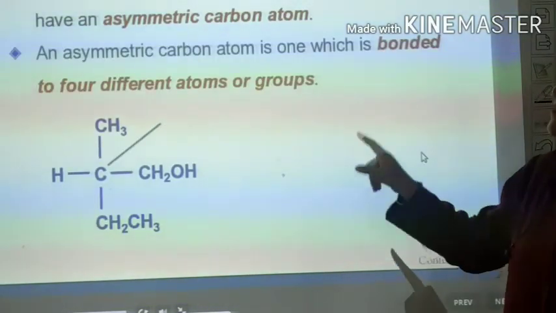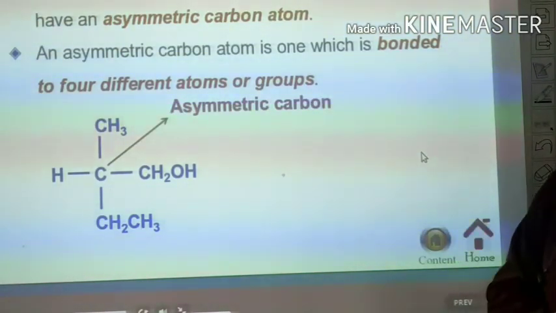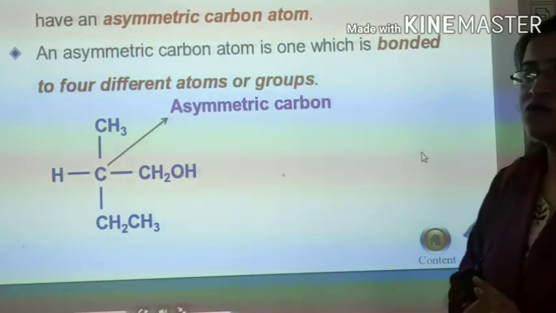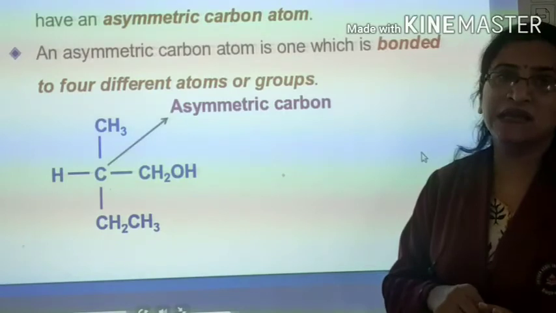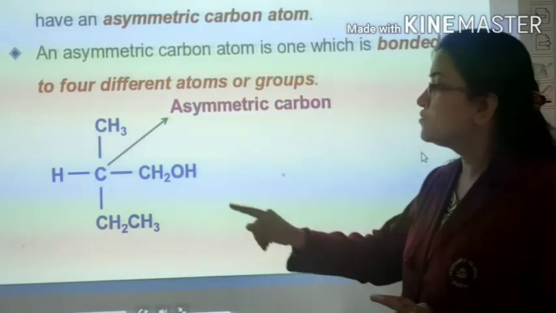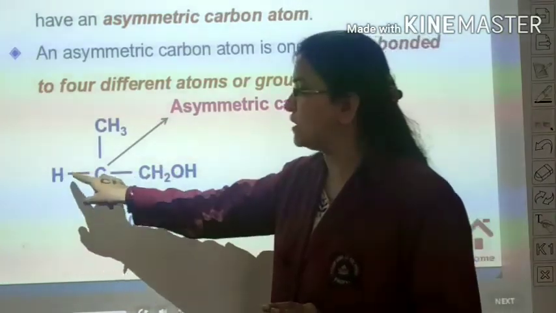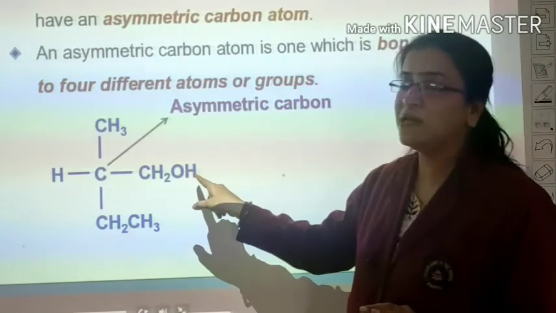Optical isomerism. This isomerism is exhibited by alcohol having an asymmetric carbon atom. So which is called an asymmetric carbon atom? That carbon which is attached with 4 different atoms or groups is called an asymmetric carbon atom. So look at this carbon, it is attached with hydrogen, methyl, ethyl and hydroxyl.